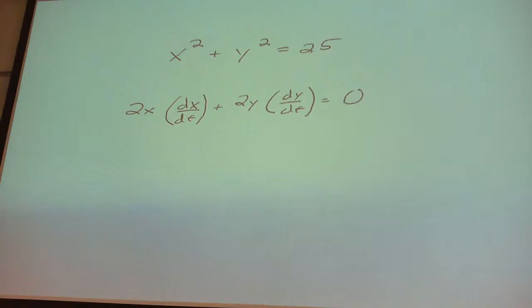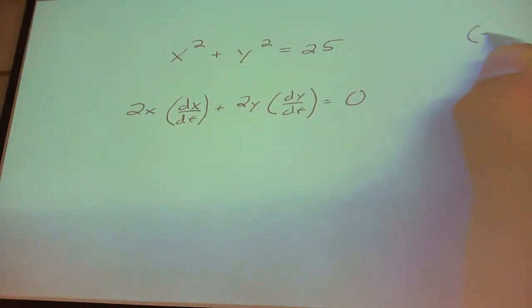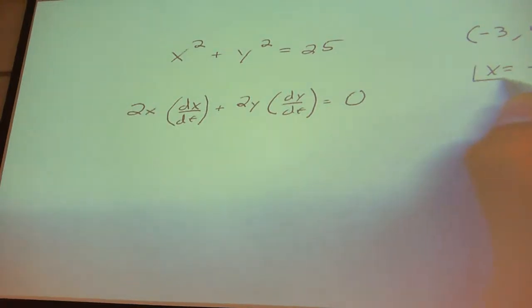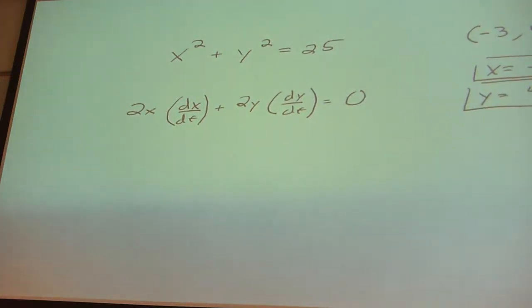Now for this one, it's going to be a little faster because you're given the point negative 3, 4, which means what's x? Negative 3. What's y? And you're also given one more thing. You're given how x is changing. First of all, what's the symbol for how x is changing? dx over dt.